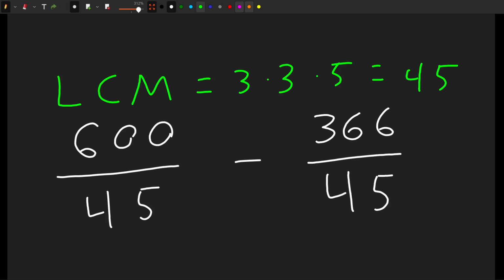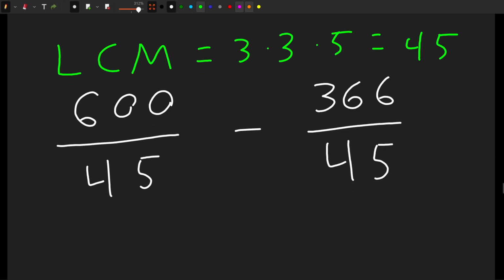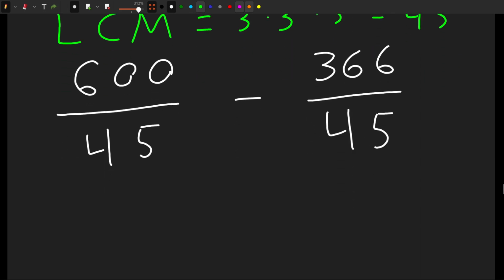And so now we can subtract. Well, 600 minus 370, sorry, 600 minus 360 would be 240. Then if you subtract 6 more, gets you 234 over 45.